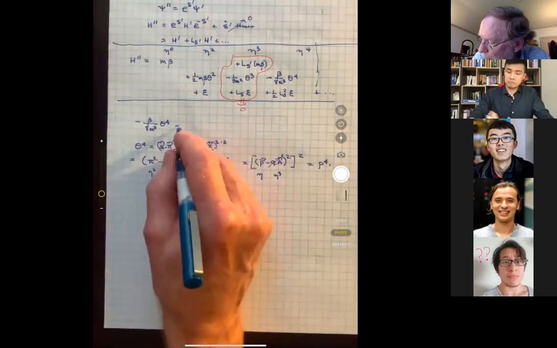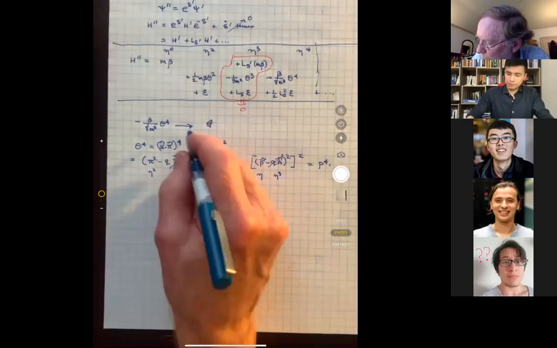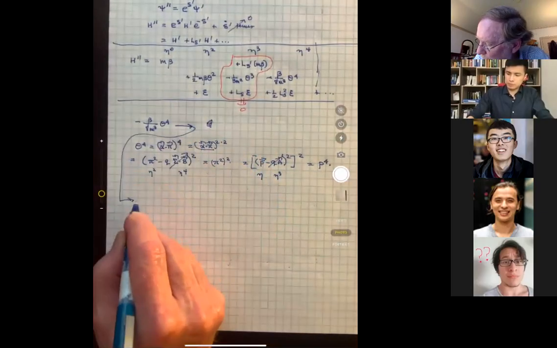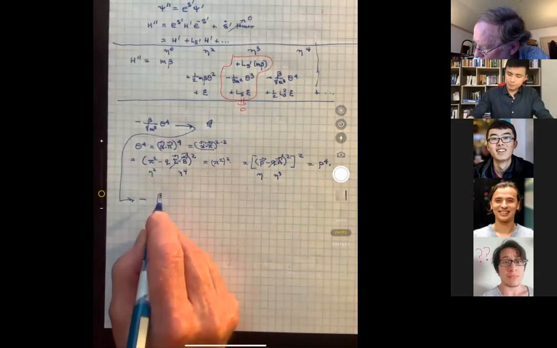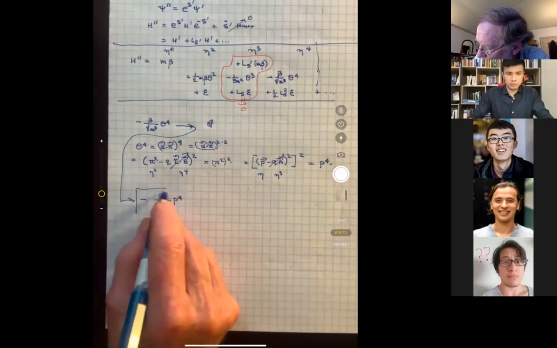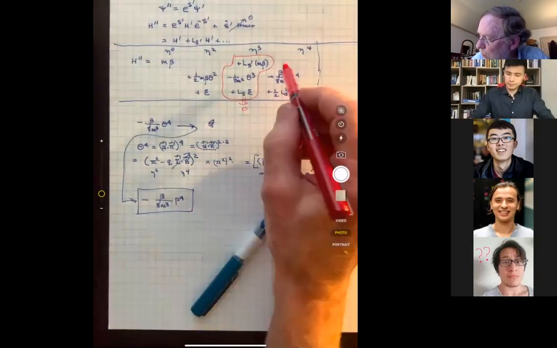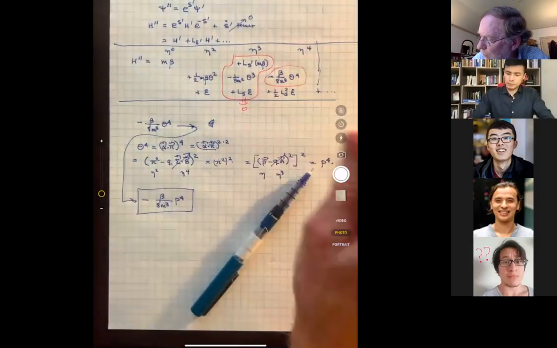And so carrying things out just to 4th order, the first term becomes minus beta over 8m³ times the momentum P to the 4th. Let me box that because that's the boiling down of the first of the 2 terms that we have at fourth order, like so.